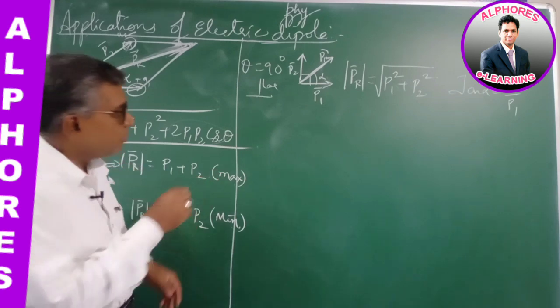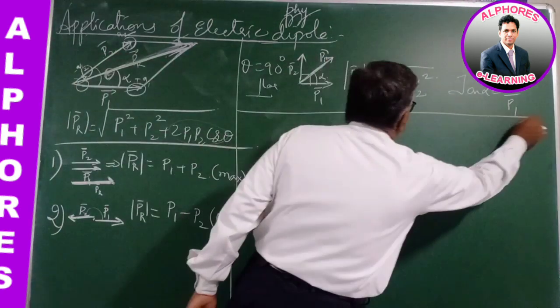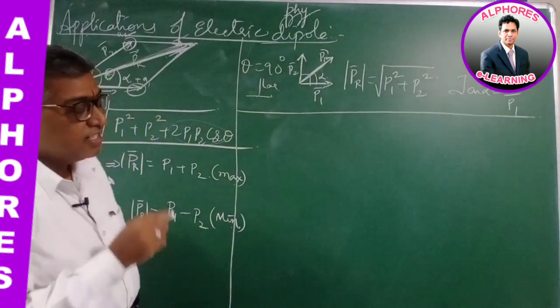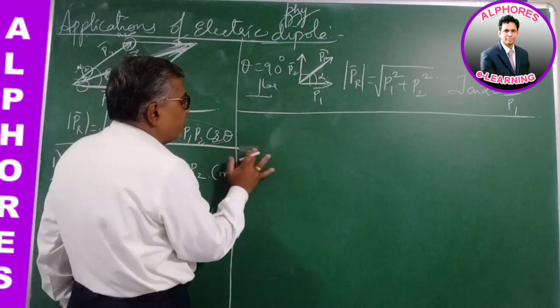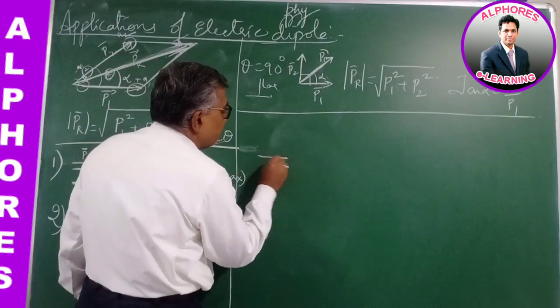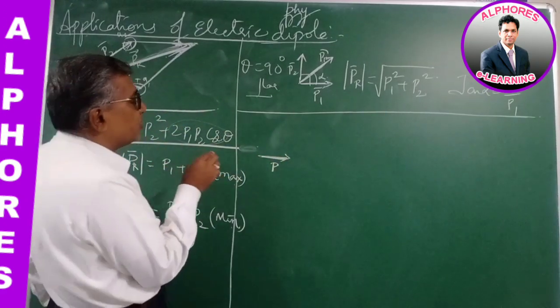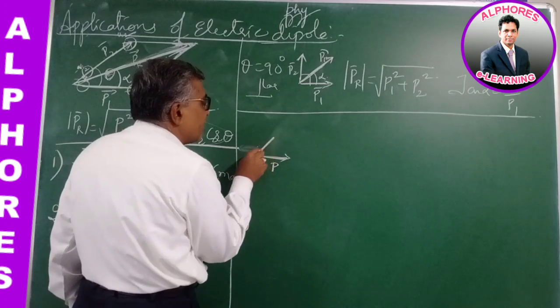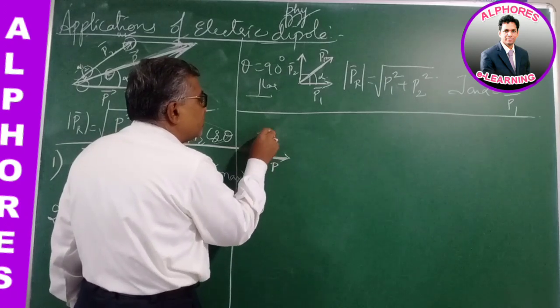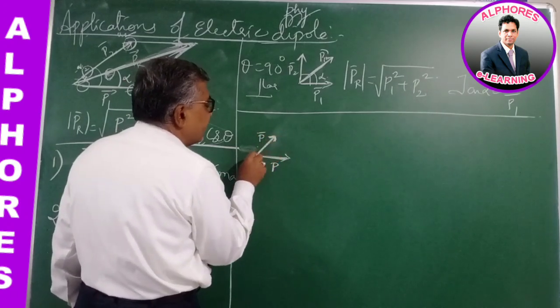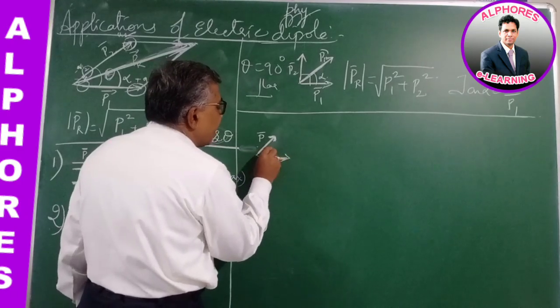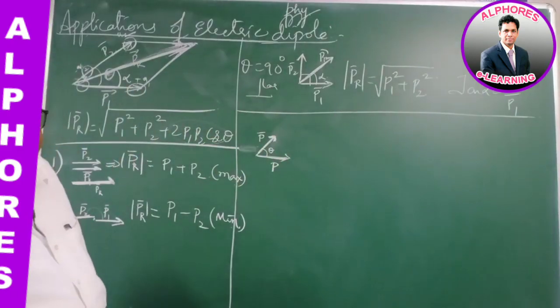Another special case: suppose there are two dipoles, one dipole P and another dipole also of the same magnitude P, two identical dipoles inclined at an angle theta.